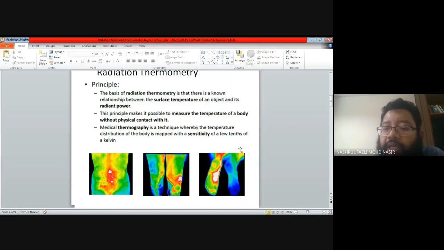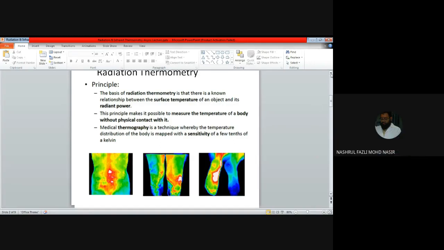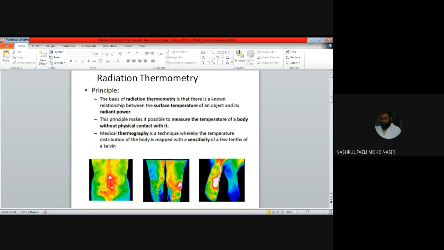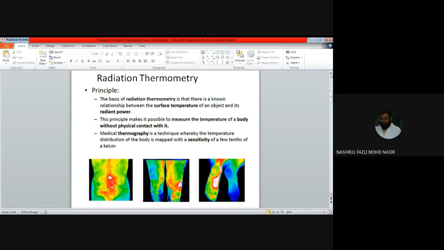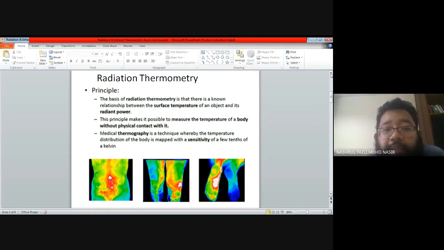For today's lecture, we are going to cover two important topics, which are really related to what we are having now: radiation thermometry and infrared thermometry. We know that the human body, an animal's body, and even certain types of mass have a surface temperature.